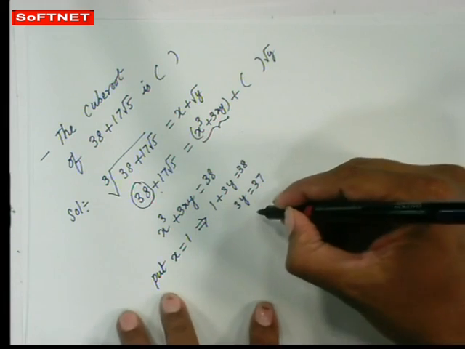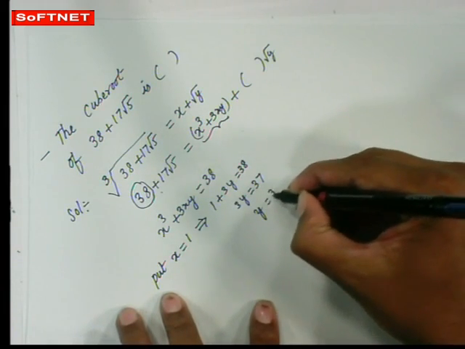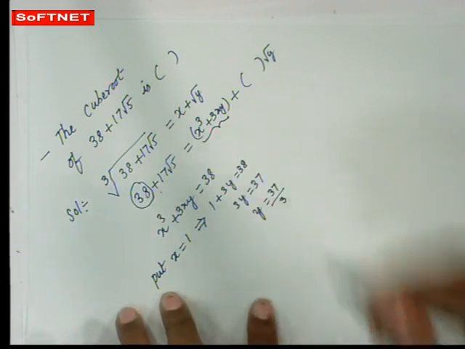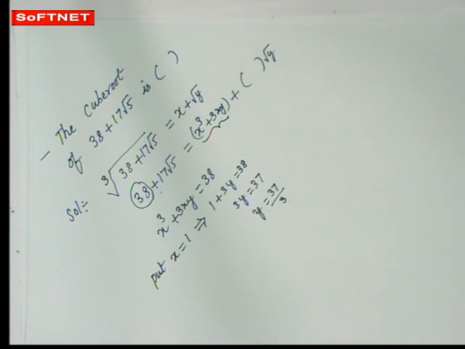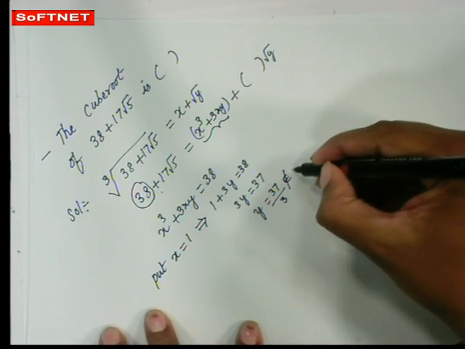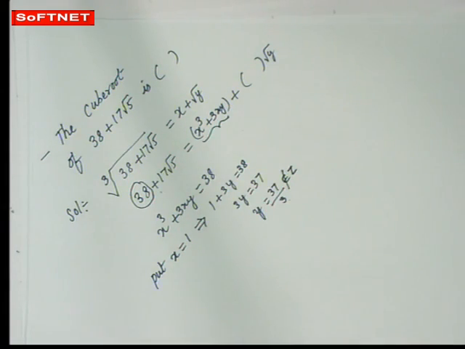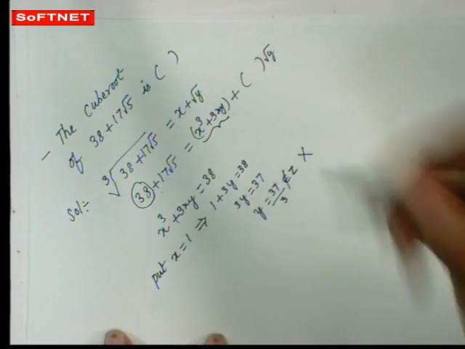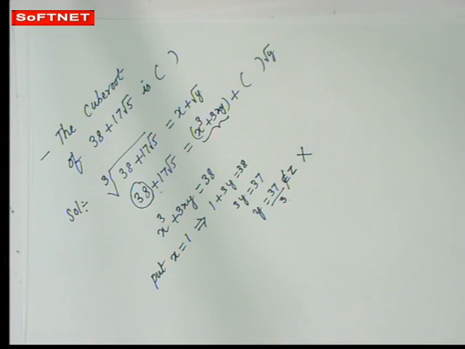So it cannot be divisible. 37 by 3 is not an integer, it does not belong to integers. So now x is equal to 1 is wrong. Then what shall we do? We have to go for other trial and error. That's the only choice.